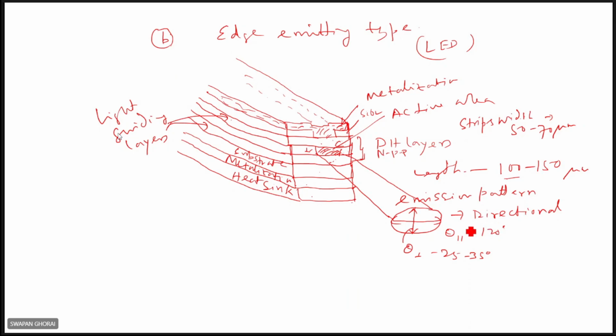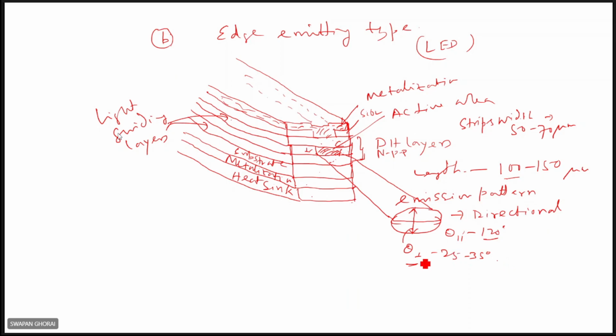In the plane parallel to the junction, the beam width is 120 degrees, the same as surface emitting, but the beam width in the plane perpendicular to the junction, theta perpendicular, is only 25 to 35 degrees.